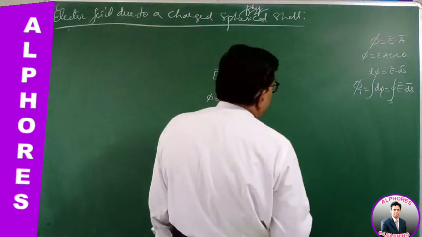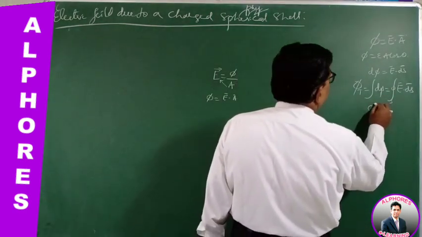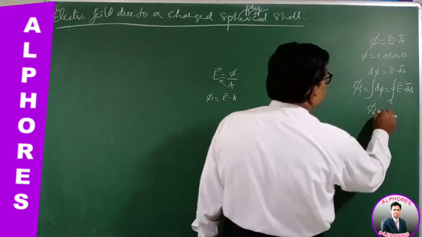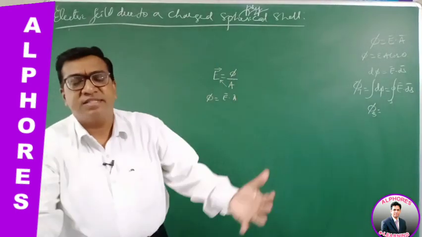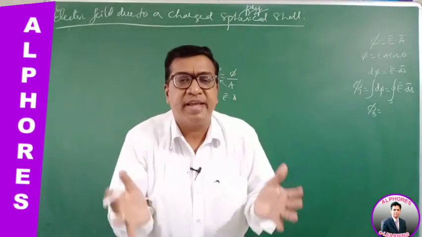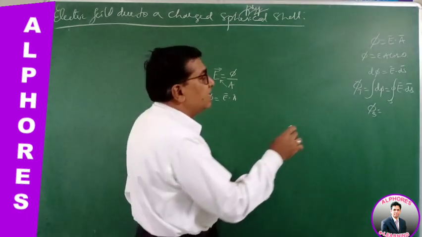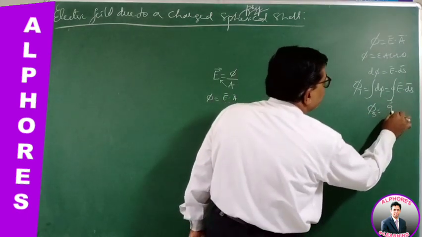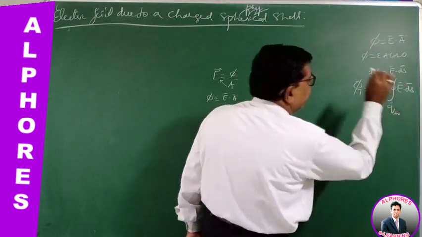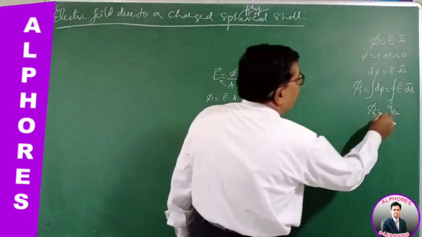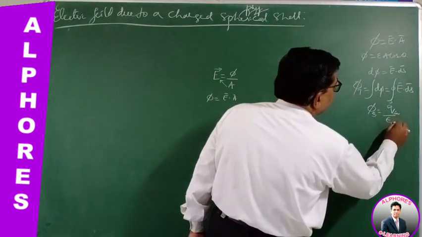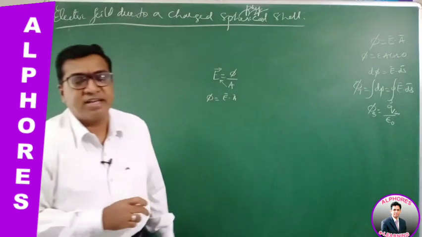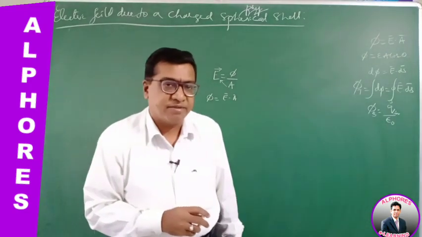Next, Gauss law. You know the total flux through an enclosed Gaussian surface is directly proportional to the charge enclosed inside the Gaussian surface, or it is 1 by epsilon naught times the charge enclosed inside the Gaussian surface.